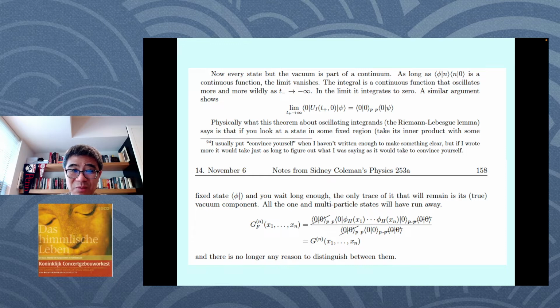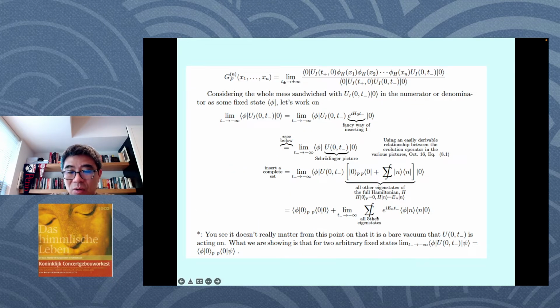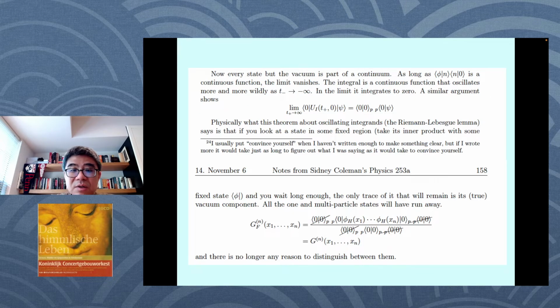Especially mathematical in physics. Okay, so the bottom line is only the vacuum, the physical vacuum, will contribute in this, and the rest will simply vanish after you take the time t minus to minus infinity.